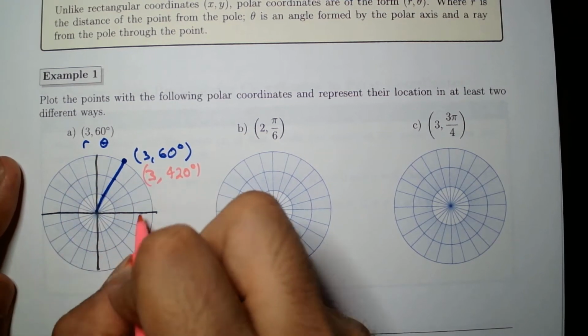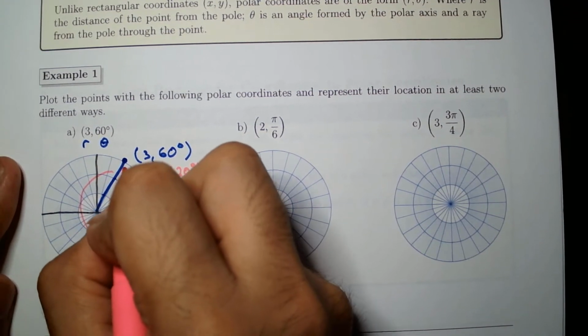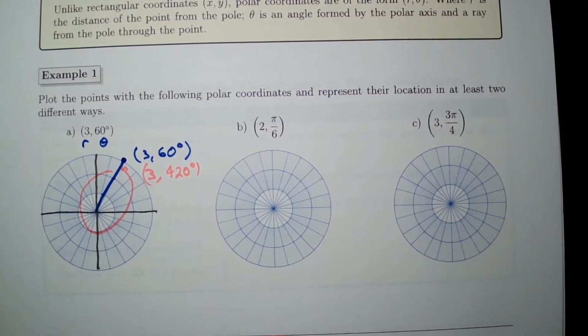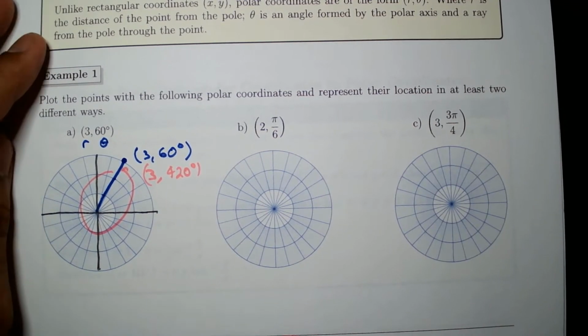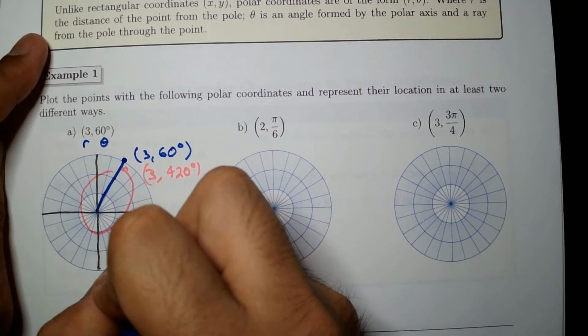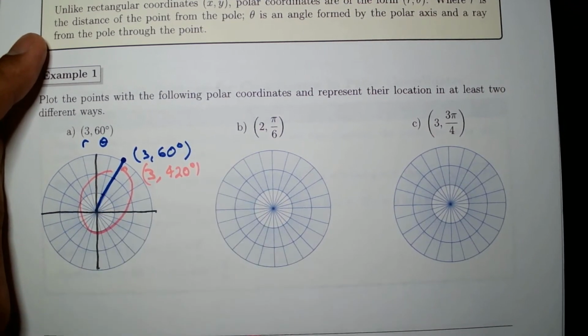And then another way, which is a little bit tricky to understand at the beginning, is that we could go in the negative direction, like this.